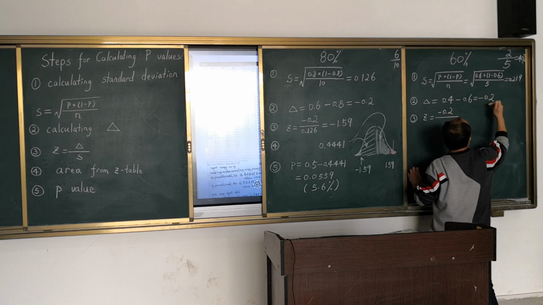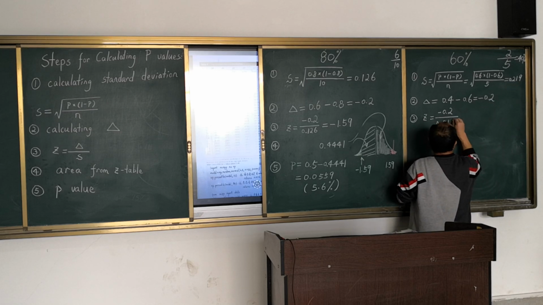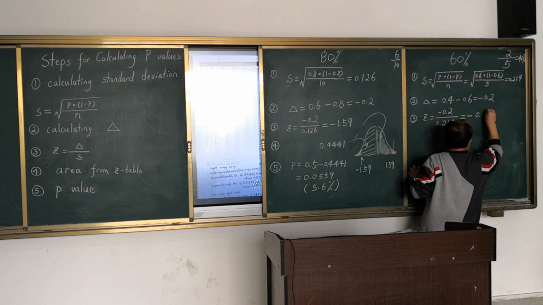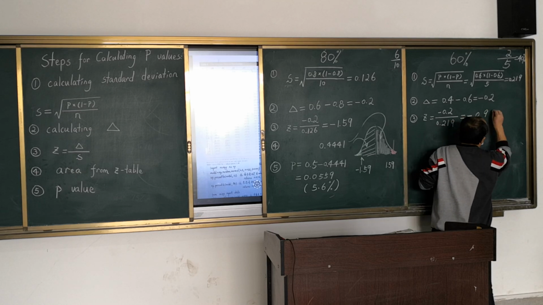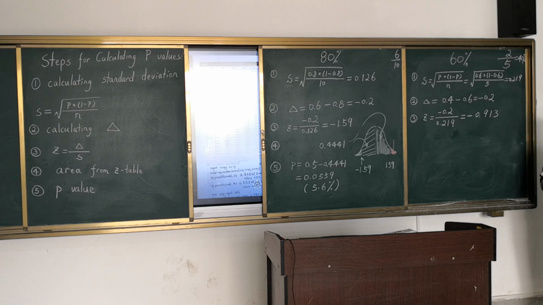The difference, the ratio over, and there is 0.913. This is the Z value. Okay.